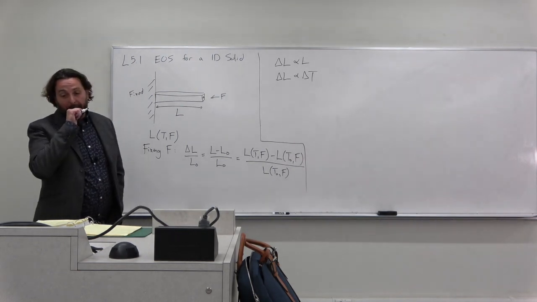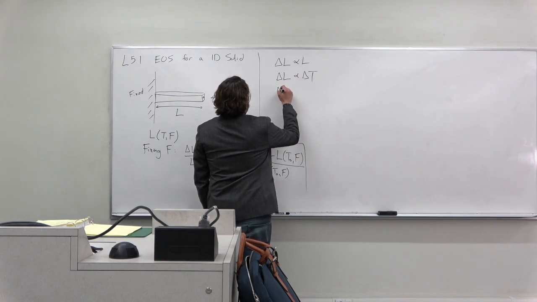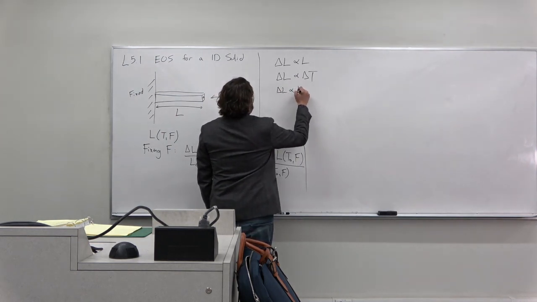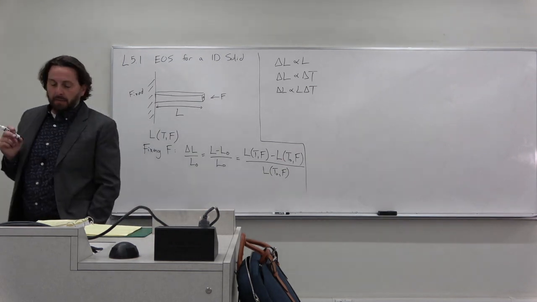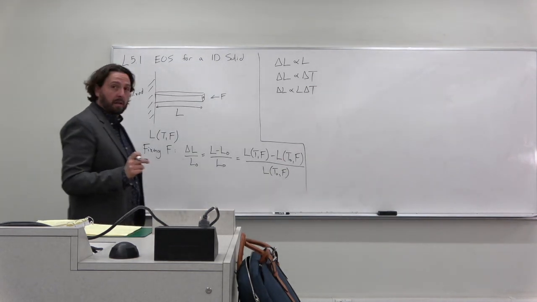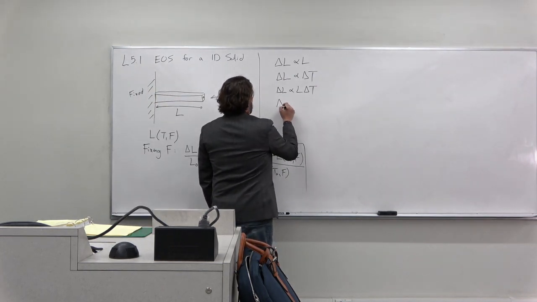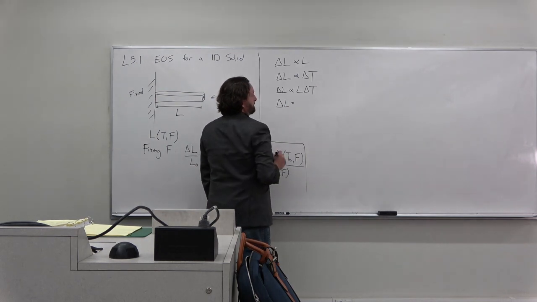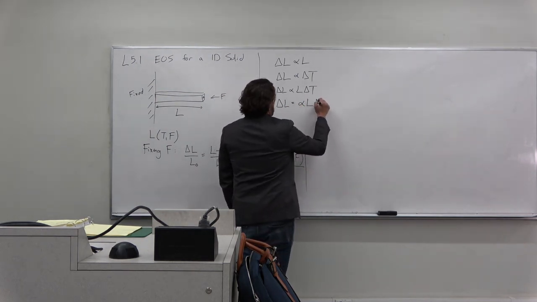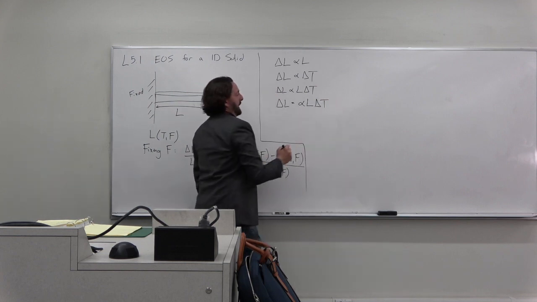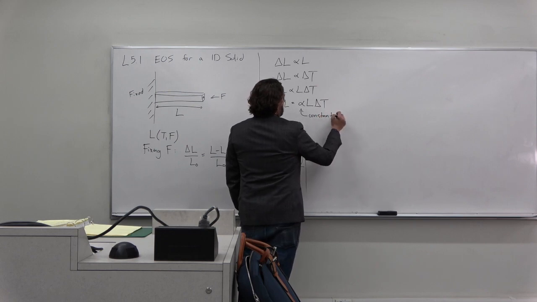So I can really just put those together and just say that delta L is going to be proportional to L delta T. And if I assume that the changes in temperature are small enough, I'm going to assume that this is linearly proportional. So let's just call it equal to, give it some constant of proportionality, which I'm going to call alpha. So this is our constant of proportionality.